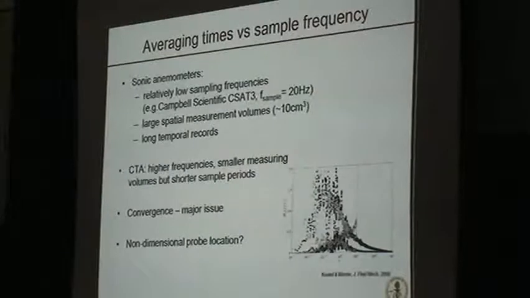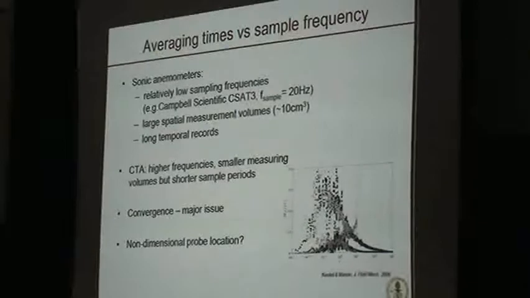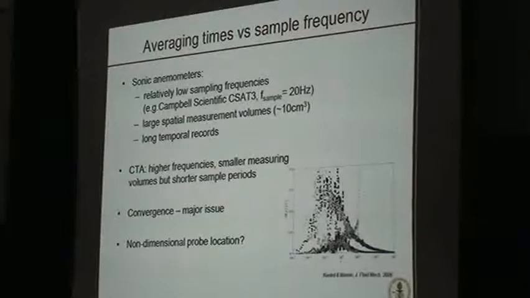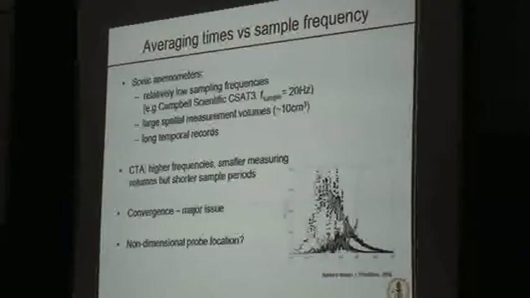Another consideration, the averaging times versus the sample frequency. The sonic anemometers that I showed you before typically have quite a low sampling frequency. The one unit that I'll show you a figure of shortly, I promise we'll get to these experiments in a couple of slides, is the CSAT-3, the Campbell Scientific device that was used also in this measurement campaign.